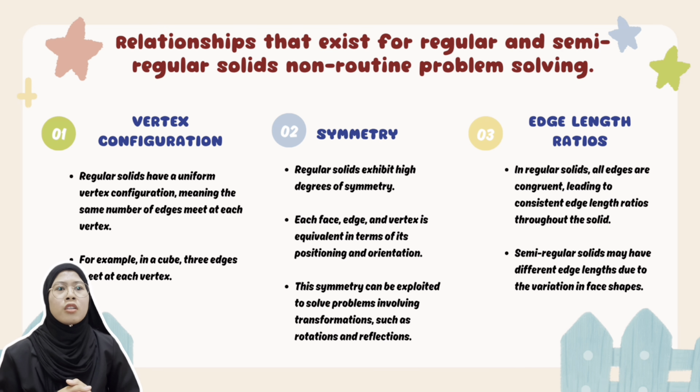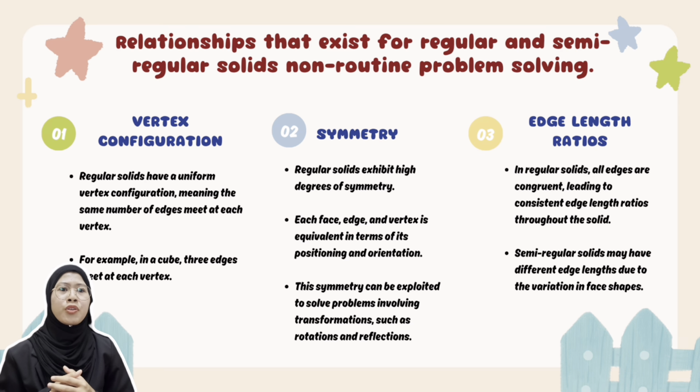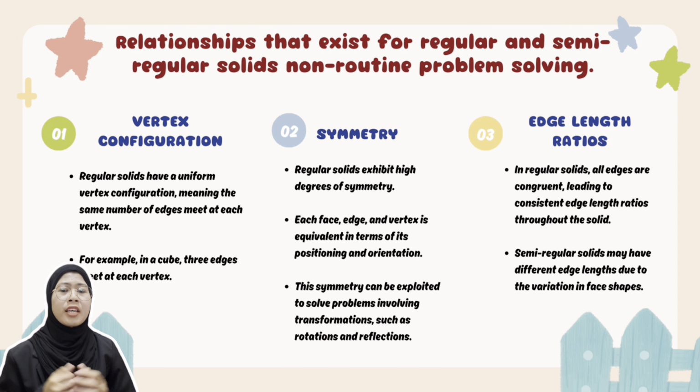Then, the second one is symmetry. Regular solids exhibit high degrees of symmetry. Each face, edge, and vertex is equivalent in terms of its position and orientation. This symmetry can be exploited to solve problems involving transformations, such as rotation and reflection.